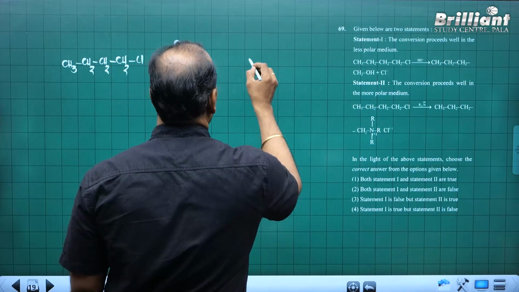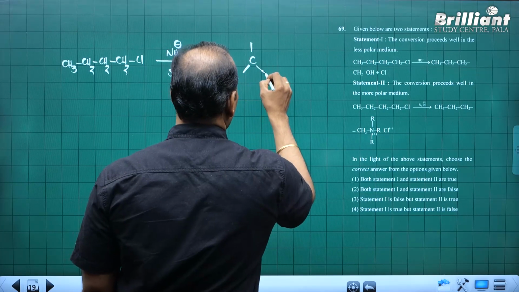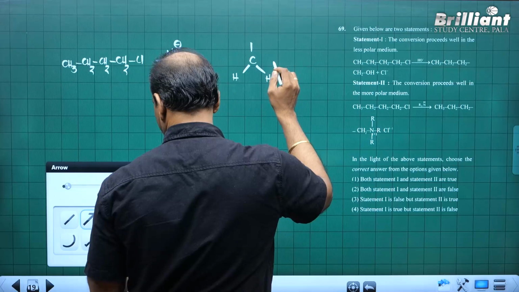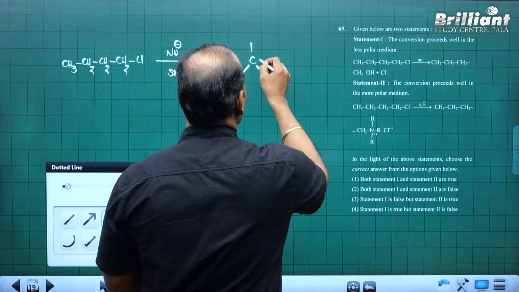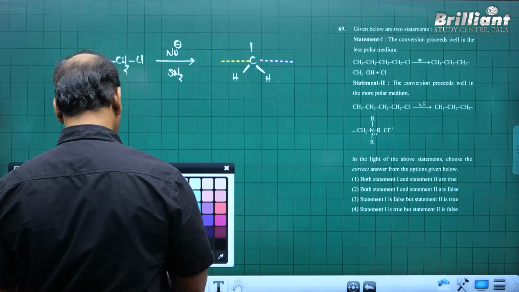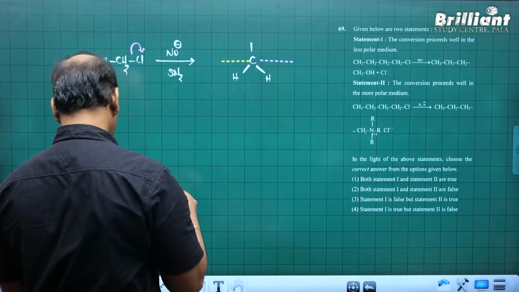Then this is carbon, hydrogen, here hydrogen, this is going to this side, a nucleophile attacks from the back side.